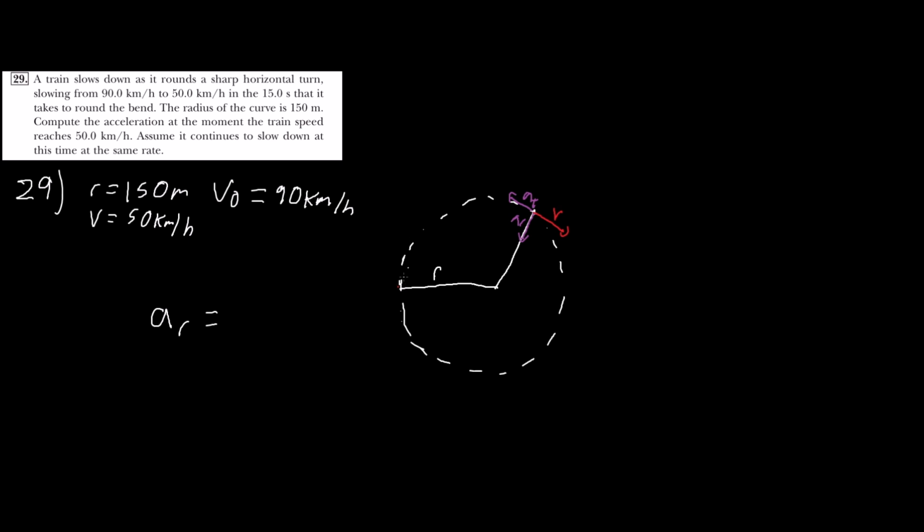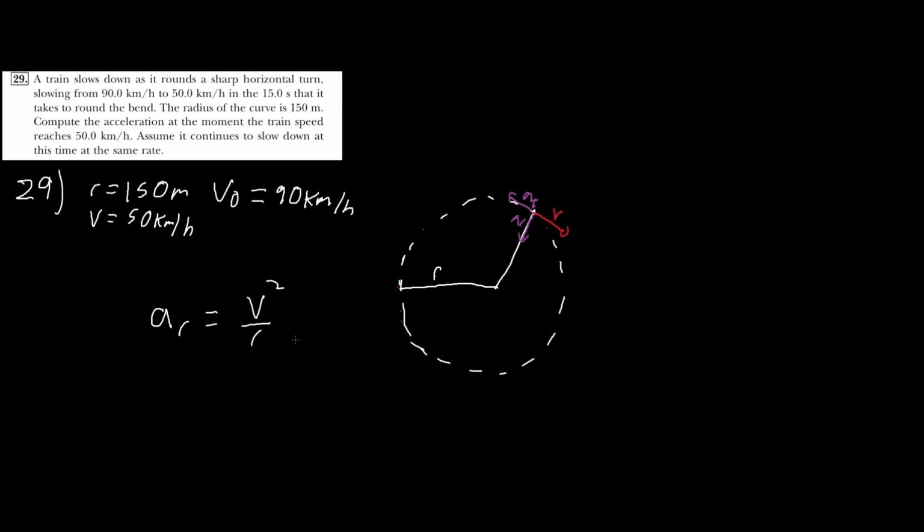The velocity was much higher in magnitude, and then it slowed down. But it's perfect because I did put it in the opposite direction, so it's fine. So this is going to be the final speed of 50 kilometers per hour squared divided by the radius of 150 meters.